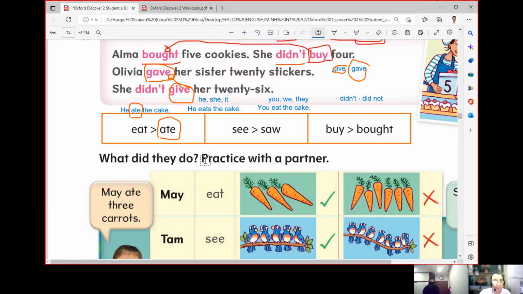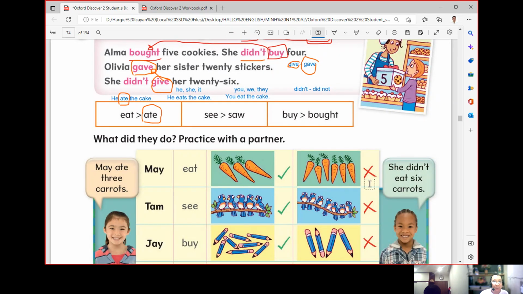The second one, what is the simple past form of the word see? Saw. Very good. It's saw. What is the simple past form of the word buy?